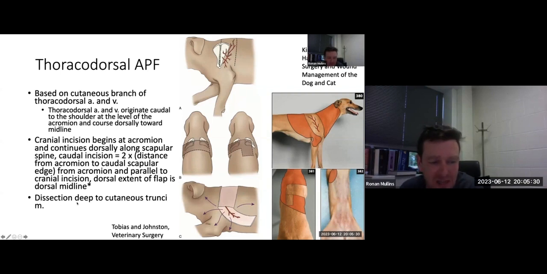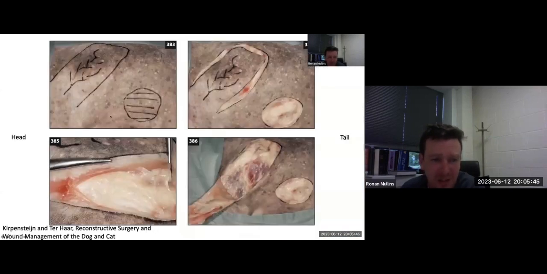So for this flap, you need to make sure that you dissect deep to the cutaneous trunci muscle, and this is the case with a lot of these flaps, that you're going deep to a superficial cutaneous muscle. So again, very quickly, just a crude drawing here in that textbook.